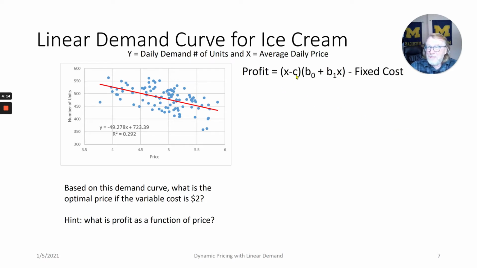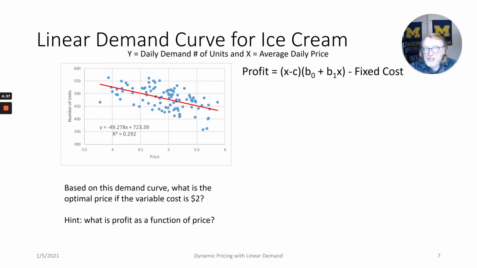You take price minus your variable cost, right? And so that's your margin. Price minus cost is your margin. And then you have the demand function, B0 plus B1 times X, and minus the fixed cost, right? And so in terms of the price, fixed cost is just a constant.